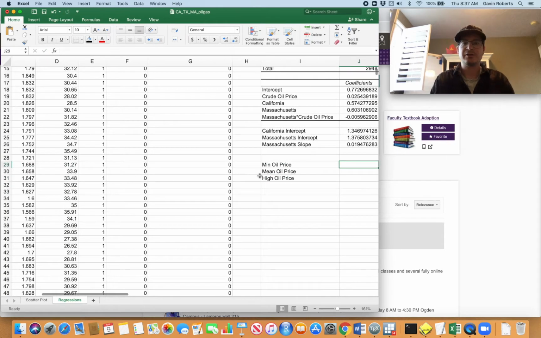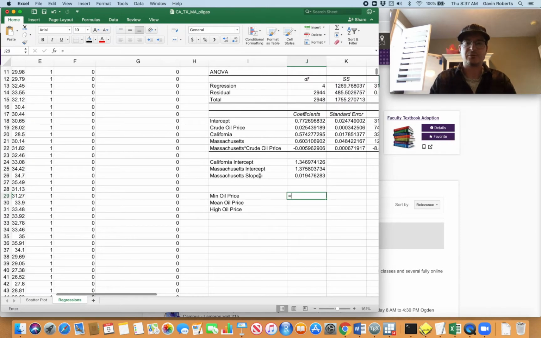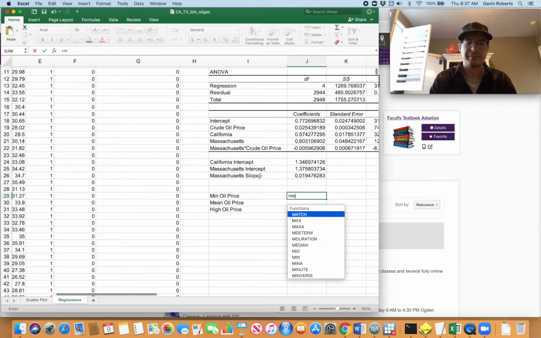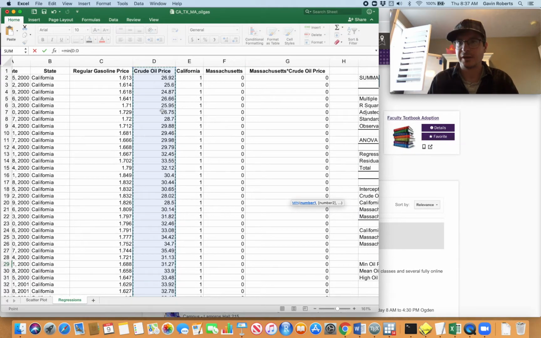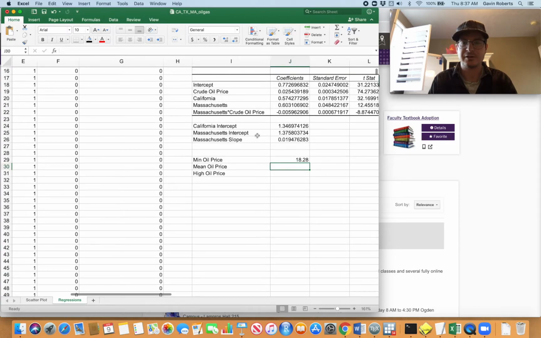For the min, I'm just going to do equals min, and then I can go click on the crude oil price data, right? And that's going to return the minimum oil price in my data set.